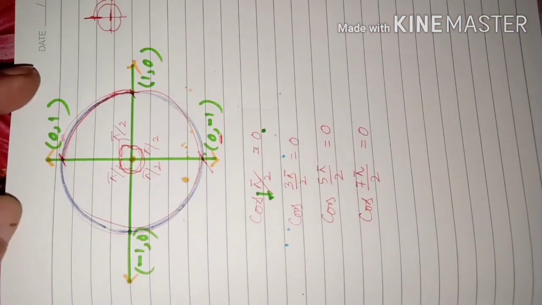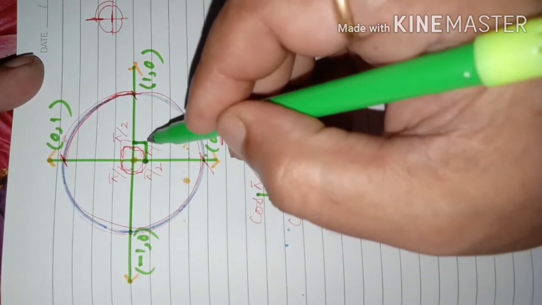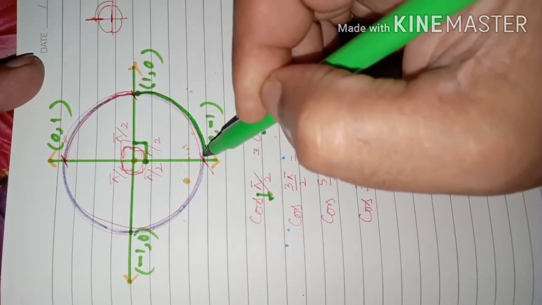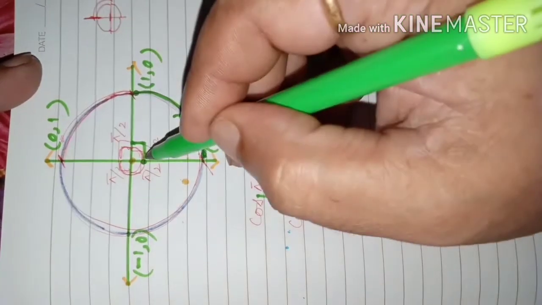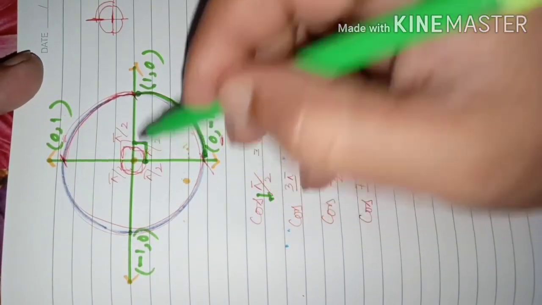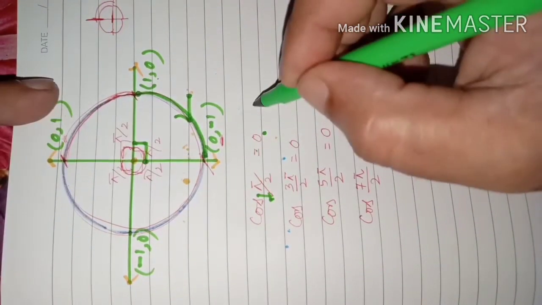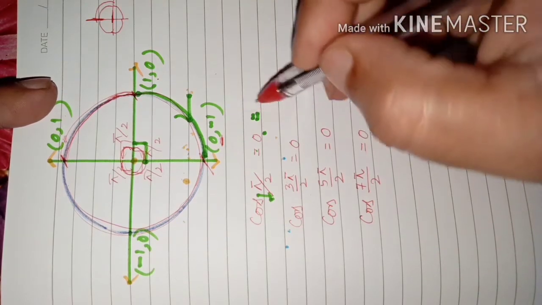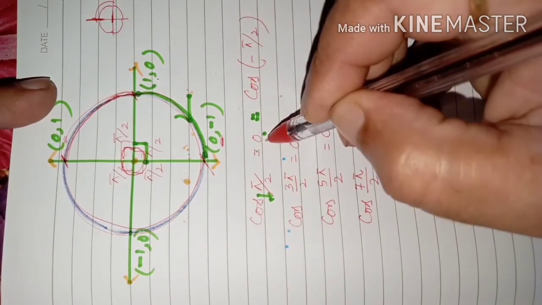If we go the reverse way, it will be called minus pi by 2 angle. Suppose we are talking about the angle subtended by this arc in clockwise direction at the center, that will be minus pi by 2. So for cos minus pi by 2 the value is 0 only.